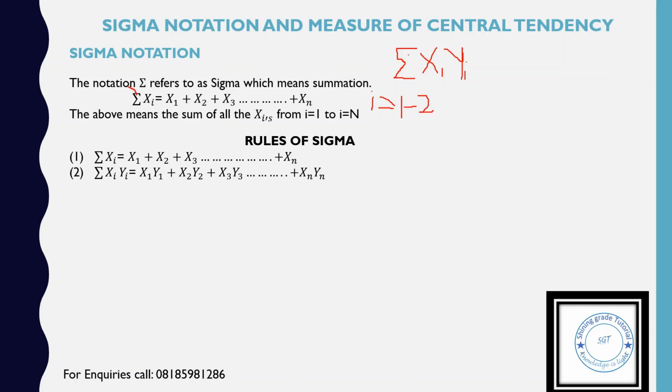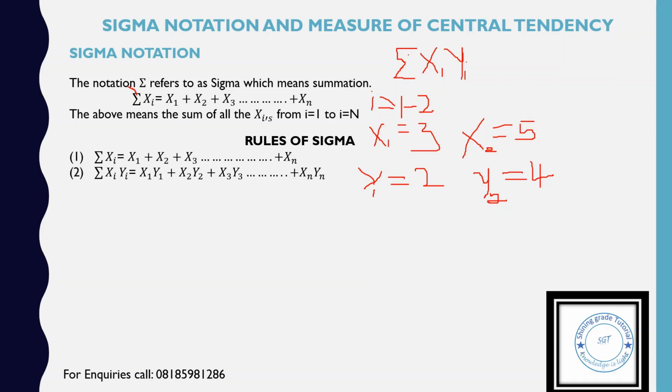So x1 is equal to 3, y1 is equal to 2, x2 is equal to, let's say, 5, and our y2 is equal to 4.